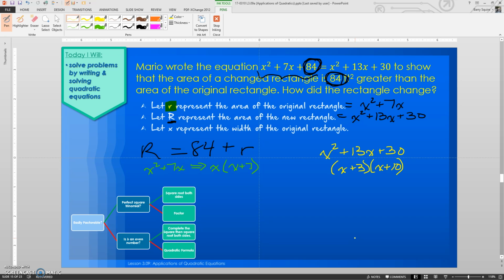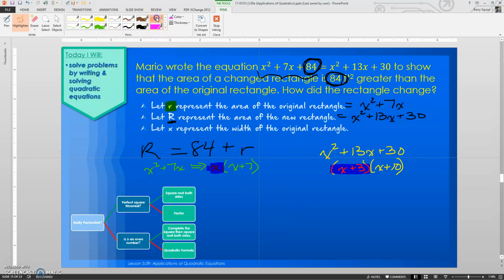So now let's compare these two pairs of factors. Let me see if I can highlight these right. That x compared to this x plus 3, well, there's just a difference of 3.